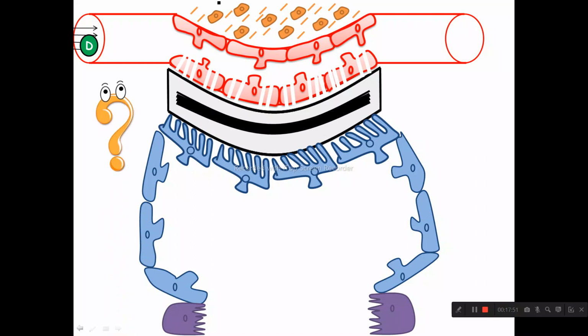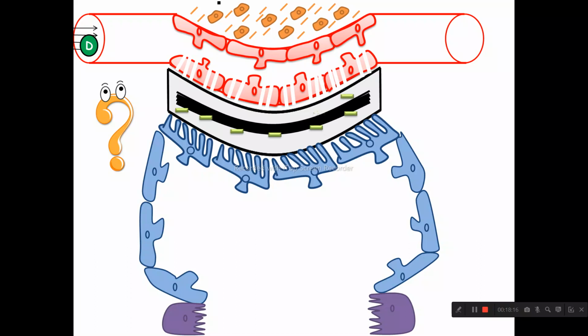What do you think? If the molecules have the right size to be filtered and on top of that they are positively charged, that means they are cationic molecules. So will these cationic molecules be repelled from the membrane or facilitated? Yes, they will be facilitated because the membrane is highly negatively charged.